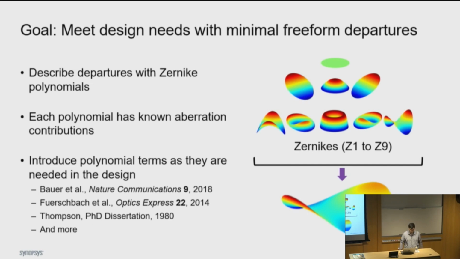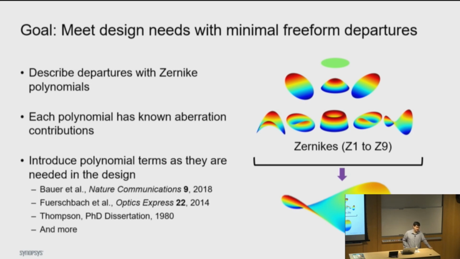Those freeform departures are going to be described with Zernike polynomials. Each of those polynomials is going to have known aberration contributions, and we are going to use those aberration contributions to tell us, based on the aberrations present in our system, which terms we need to introduce and when. This design approach, again, is not something that I'm pioneering.